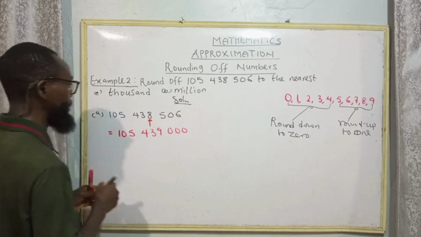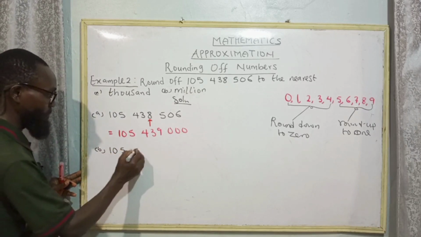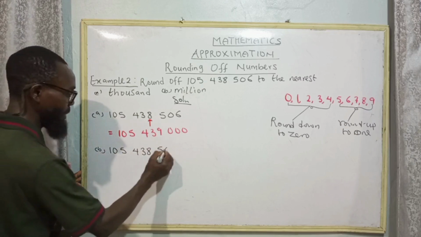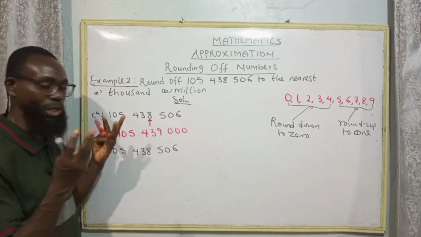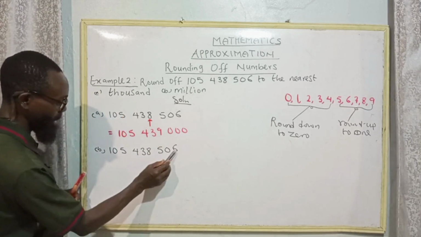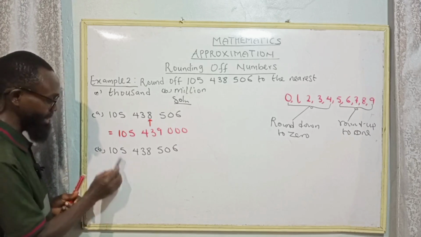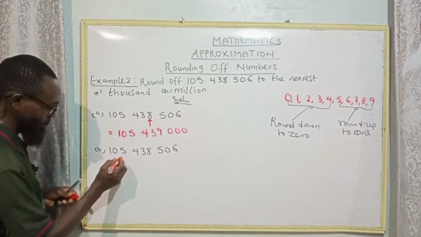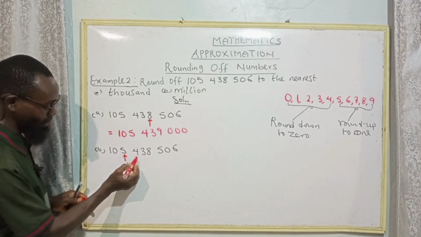Fine. Next one is to the nearest million: 105,438,506 to the nearest million. Don't forget, million is 1000 in 2 places. 1, 2, 3, that is 1000. 1, 2, 3, another 1000. Meaning this 5 is million. So when we check the right-hand digit, we have 4.